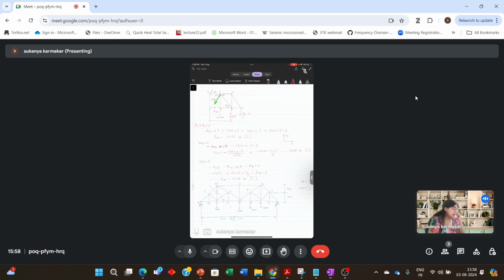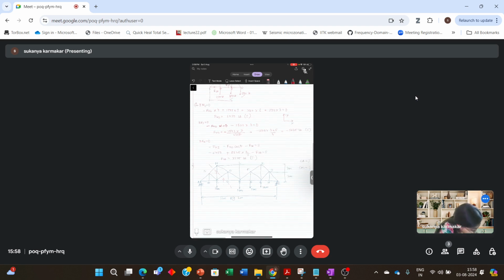The first thing which you can do is you can calculate the support reaction at, let's say, I. It is a roller, so you'll be having a vertical reaction. So let me draw the truss once again.